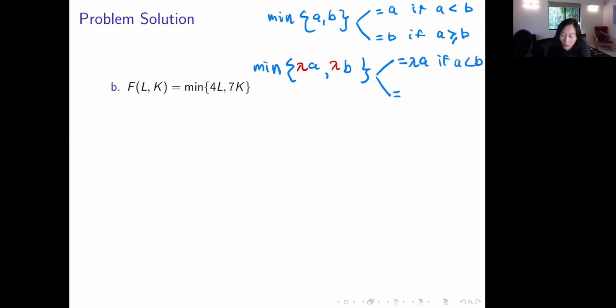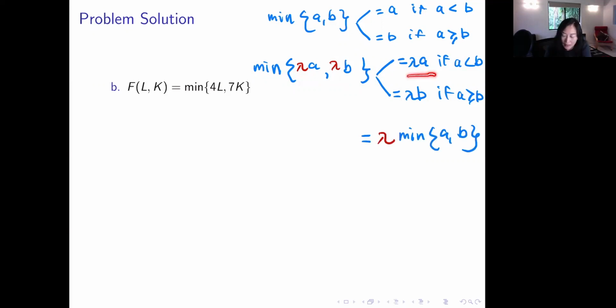This is equal to lambda B if A is greater than or equal to B. So if I multiply A and B by the same value, then the answer could be either lambda A or lambda B, which means it would be equal to lambda times the minimum of A and B.